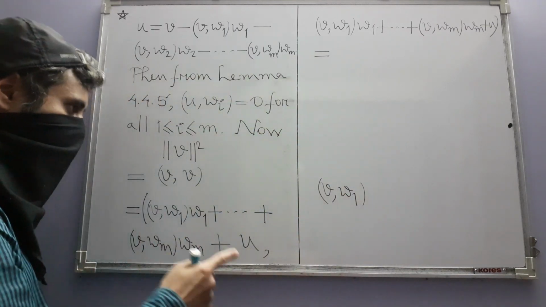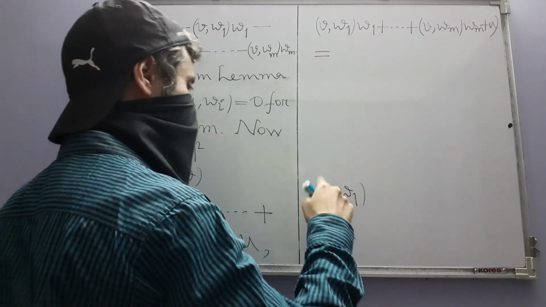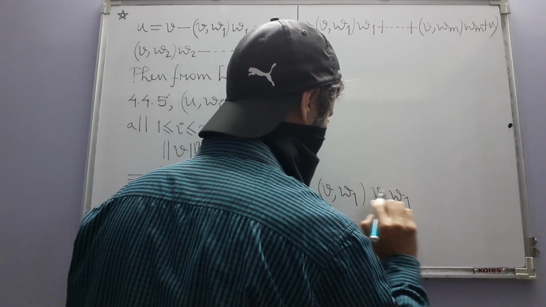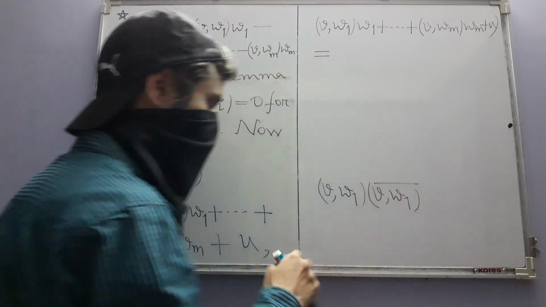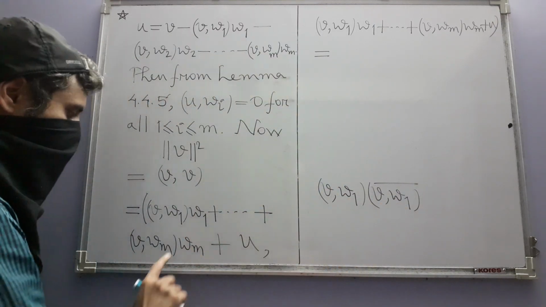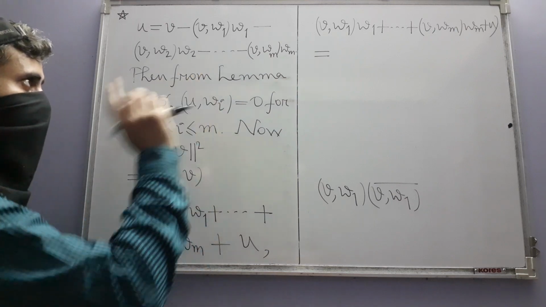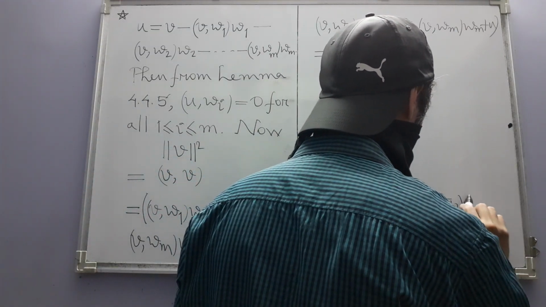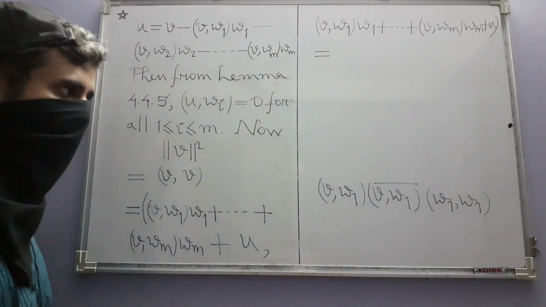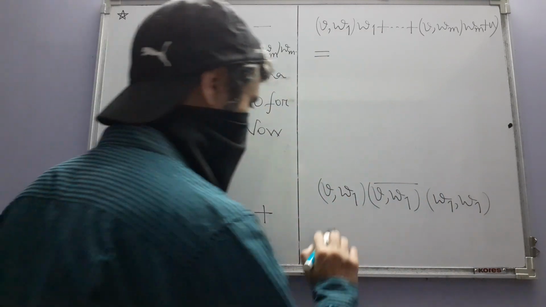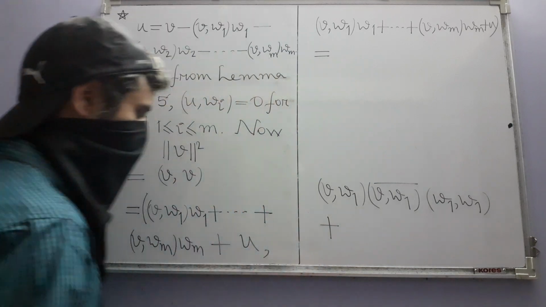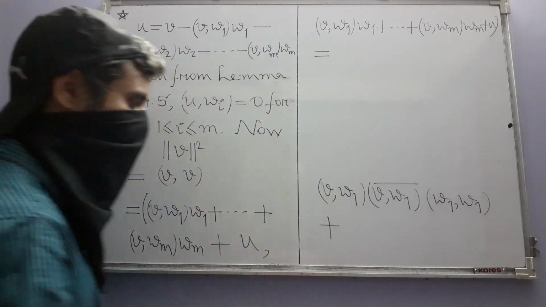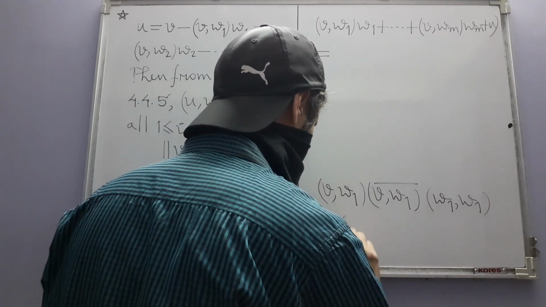This times not this but its complex conjugate, times, because these are scalars, the inner product of W1 with W1. Right, so that's how things are going to come. And then when you take the inner product of this with the next vector, say W2, you then get this. No?